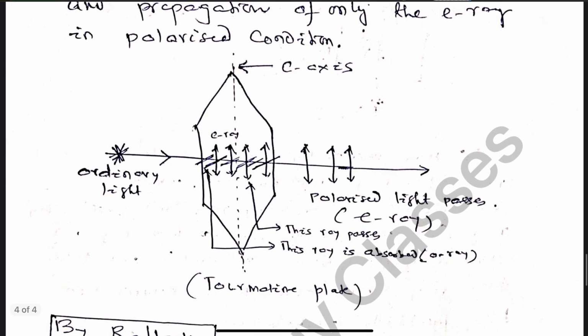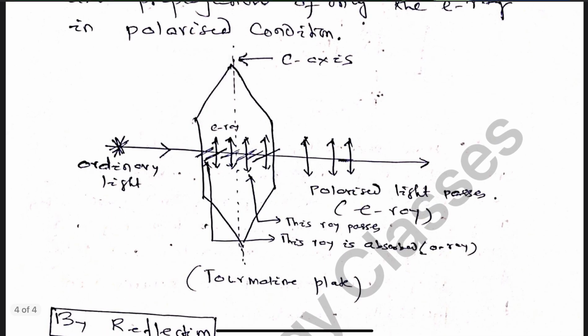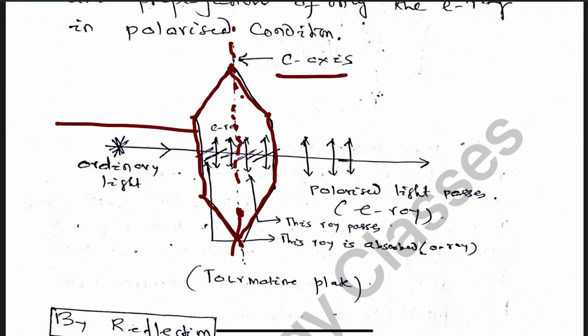Let us say this is the section of a tourmaline mineral, vertical section. This is the c-axis direction as it has been shown here. And light is incident perpendicularly to this plane.